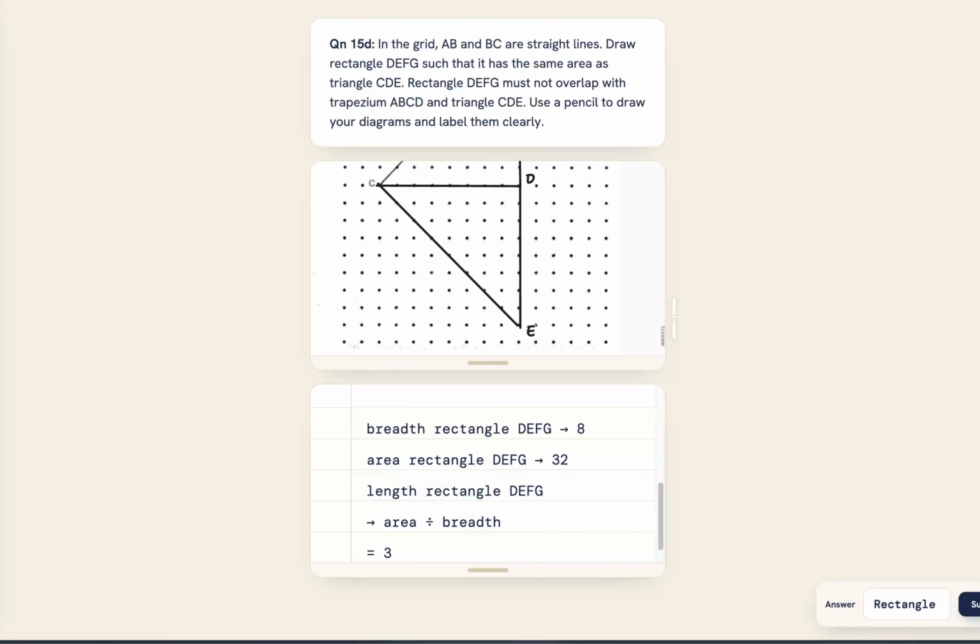This is 32 divided by 8, which is 4. So we need to draw 4 units like this: 1, 2, 3, 4, and then all the way to 8. So this is D, E, F, and one more, G. There you go, that's the answer for 15 part D.